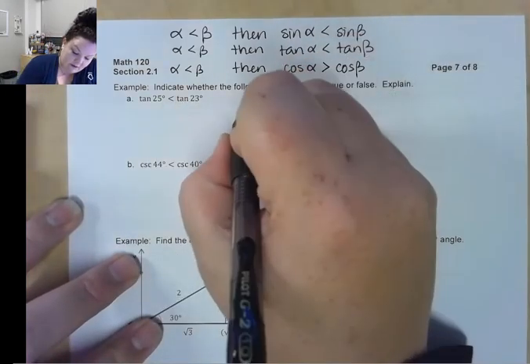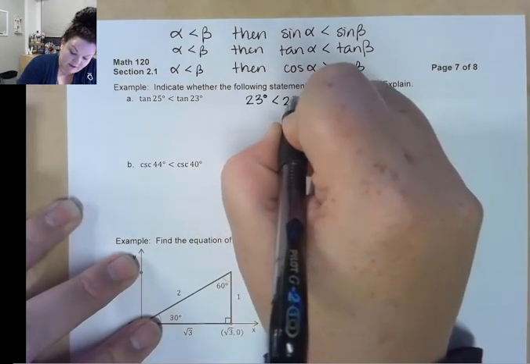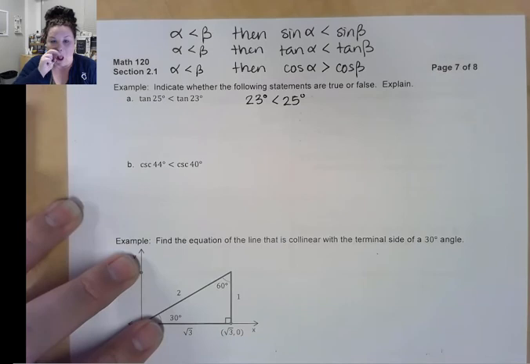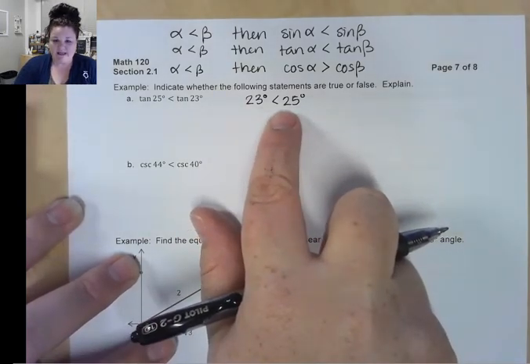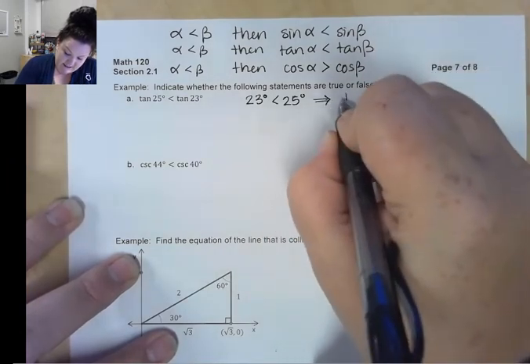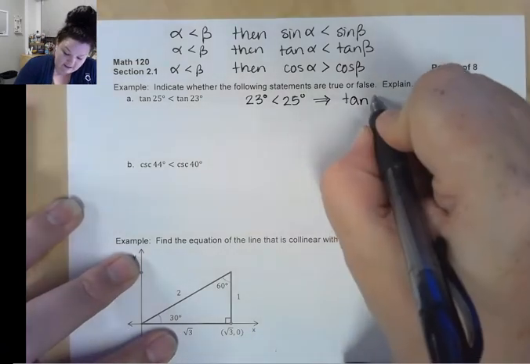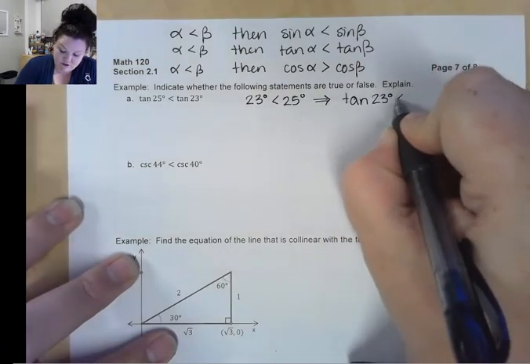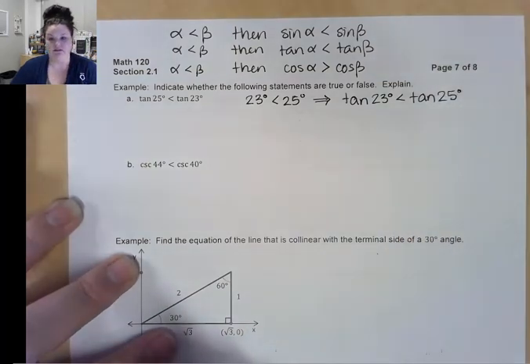I want to write it as 23 degrees is less than 25 degrees. Well, that's true. And what we know about tangent is that tangent is increasing. So that means that tangent 23 degrees should be less than tangent of 25 degrees, right?